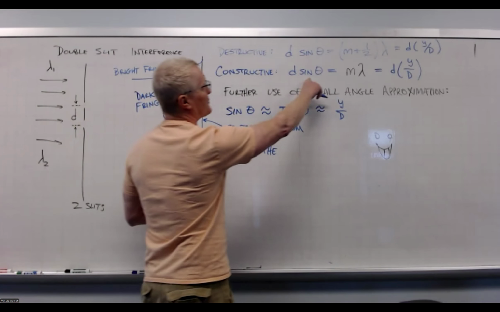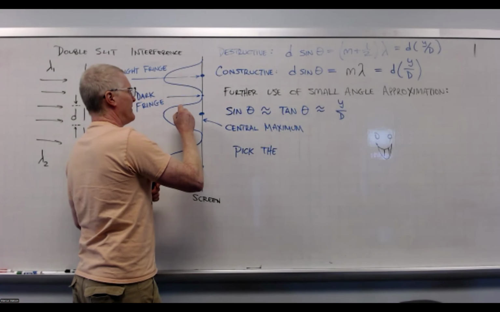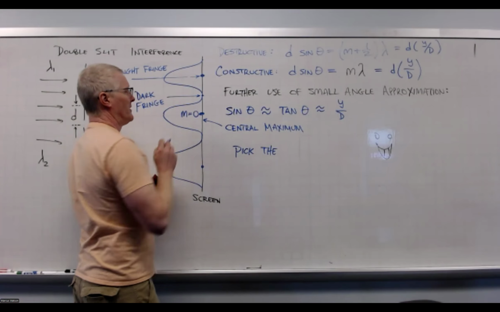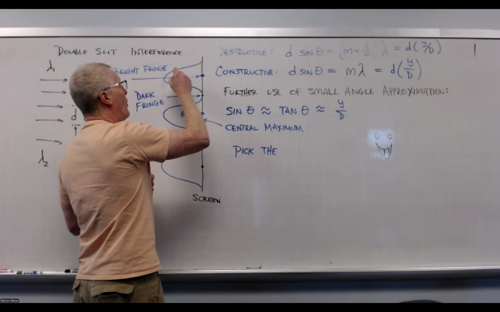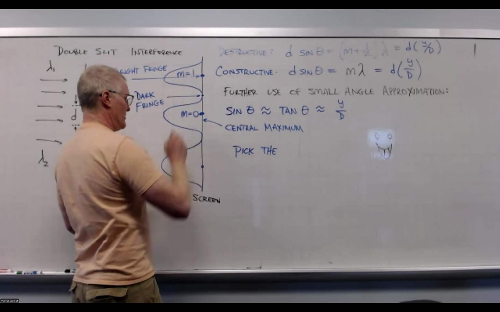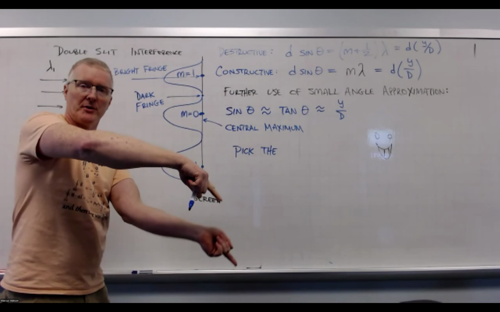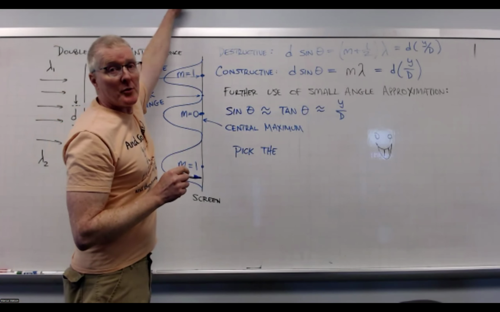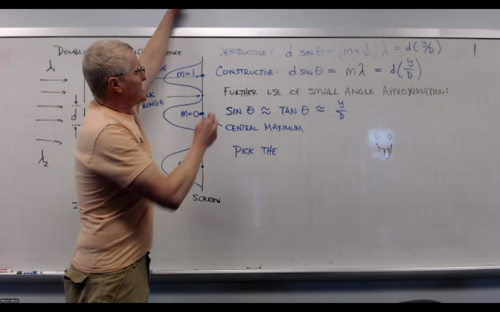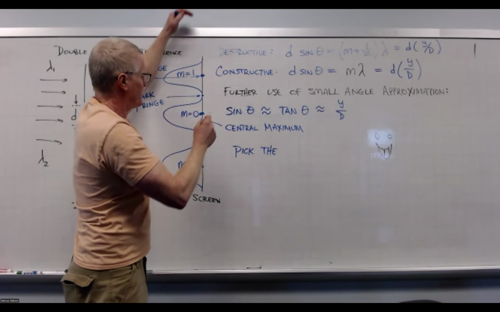In the counting scheme, I've got m equal to 0 in the middle. I've got m equal to 1 here and here, because it's the same angle either up or down. And then I would go to m equals 2 and then m equals 3. And that's how the y component is also assessed.